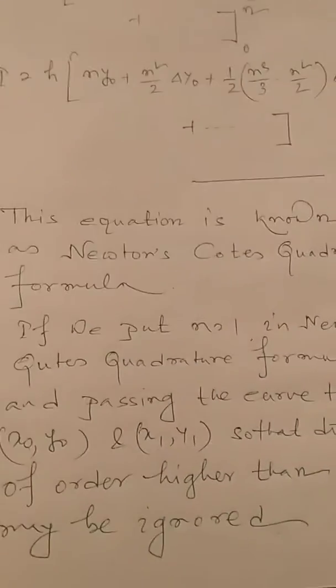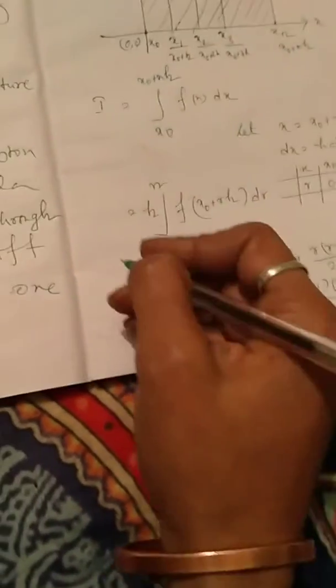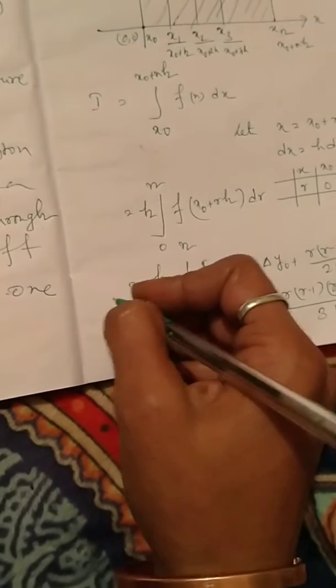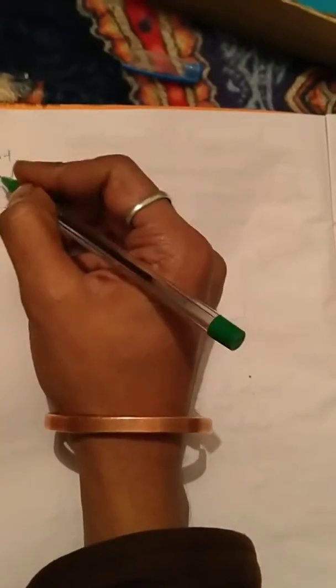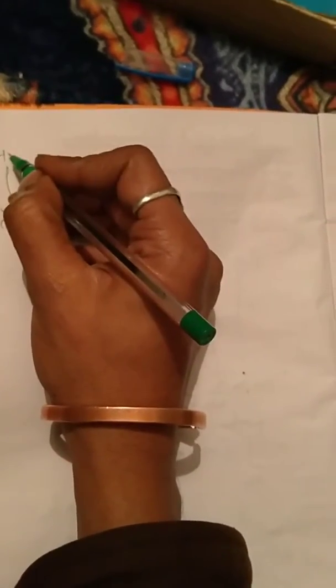Now the left part is the integration. What is the actual left part? Actually the integration is from x0 to x0 plus nh. So this will be x0 to x0 plus, what we have done, we said n equals to 1, that means x0 plus h, f(x) dx.